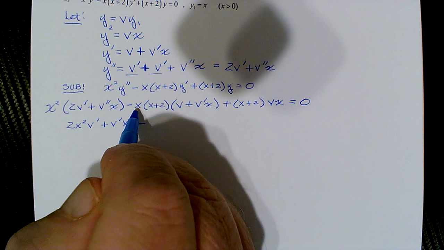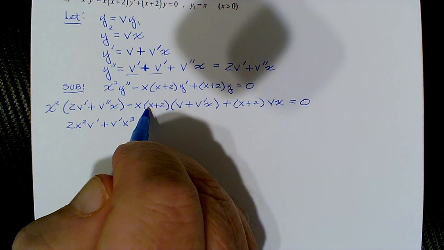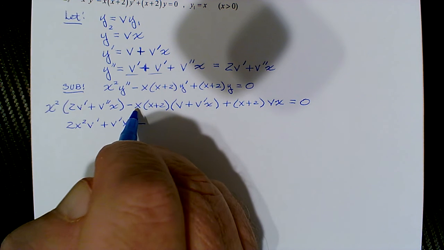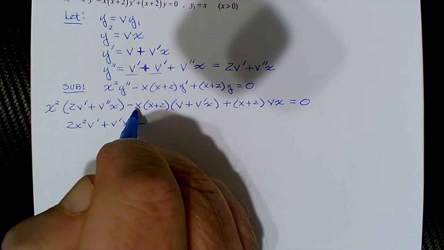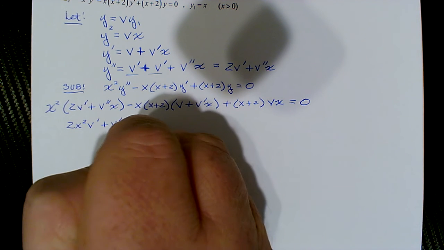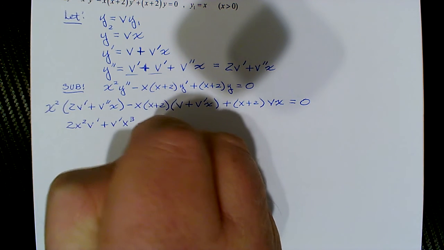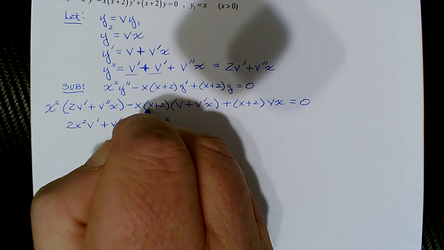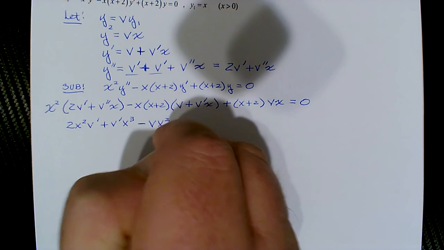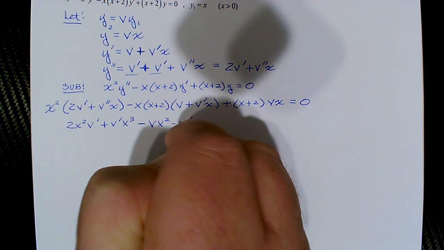Alright, I'm distributing this negative to this x and then to each of these terms. You could do your algebra any way you want, but that's the way I'm going to think of it. So negative x times x is negative x squared times v is negative vx squared, and the negative x times x is negative x squared times this term would be negative v prime x cubed.